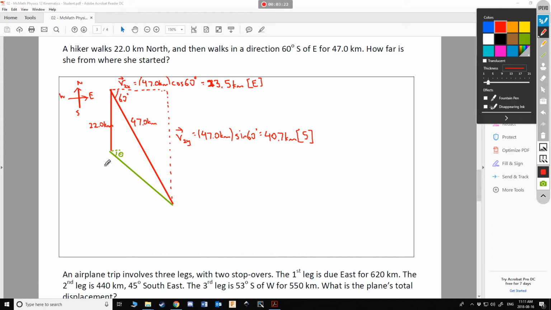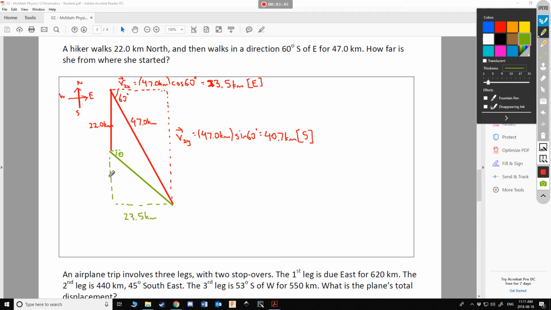Now we can look at this green triangle. It has an x component and a y component. We can easily see what those are by looking at our numbers. This x component is the same as this length up top, V2x, which is 23.5 kilometers.